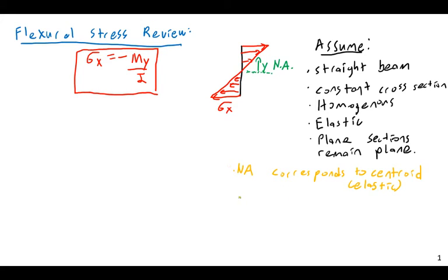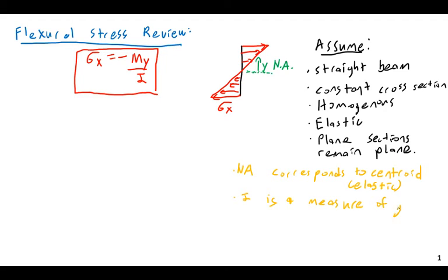And I, the moment of inertia, is a measure of geometric resistance to bending. In other words, it is a measure of a cross-section's ability to resist bending.